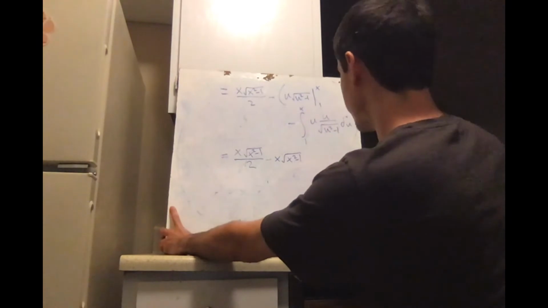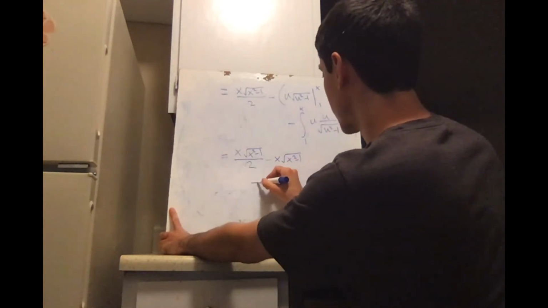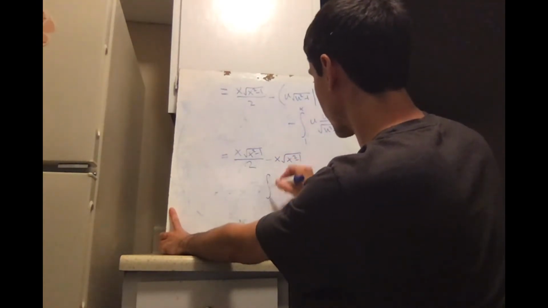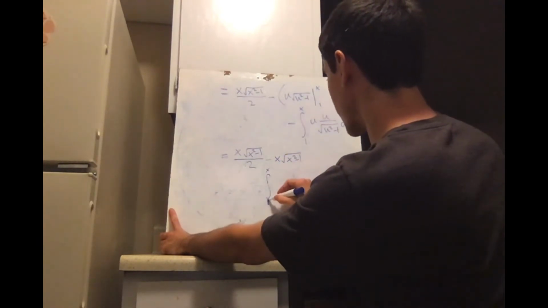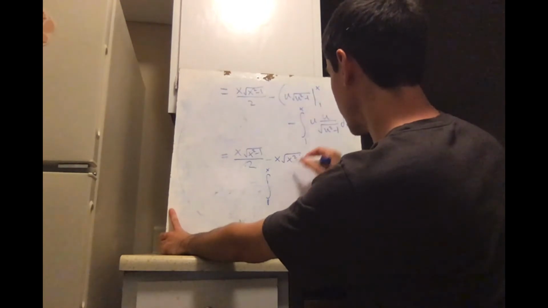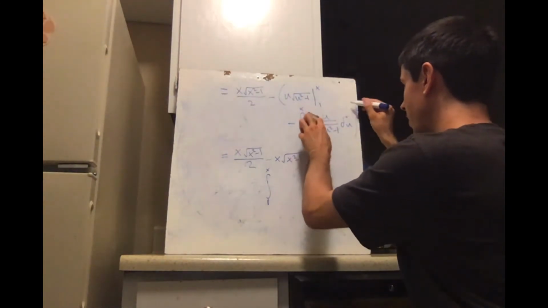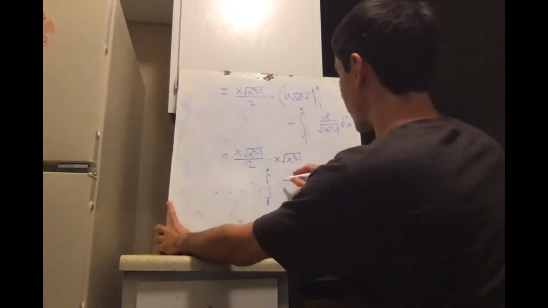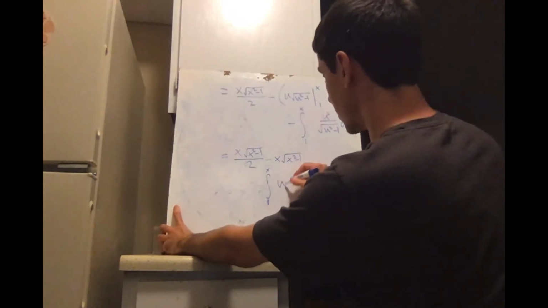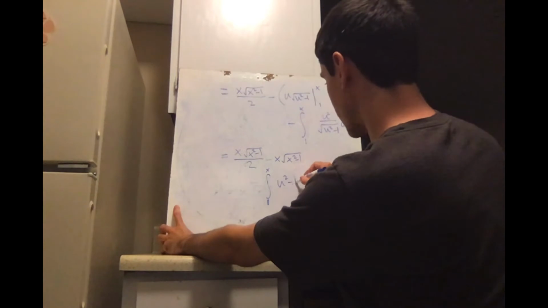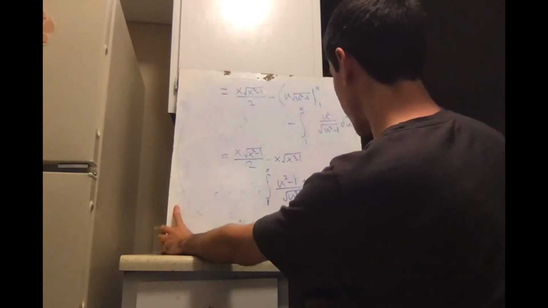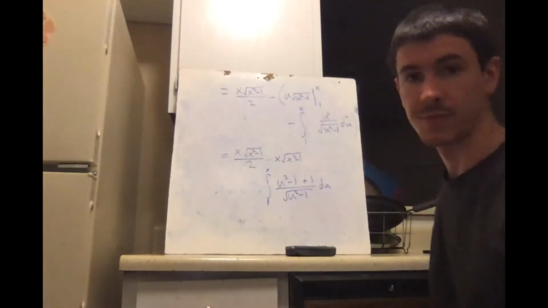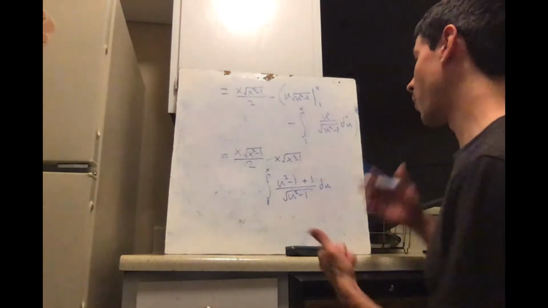And so this is the only thing we have from this term. But then this other term becomes, we're going to rewrite it, and this rewriting is where things become more special. This u can be grouped in as u squared, and then we can rewrite this as u squared minus 1 plus 1 over the square root of u squared minus 1 du, right? We've just added 1 and subtracted 1, but why have we done that?